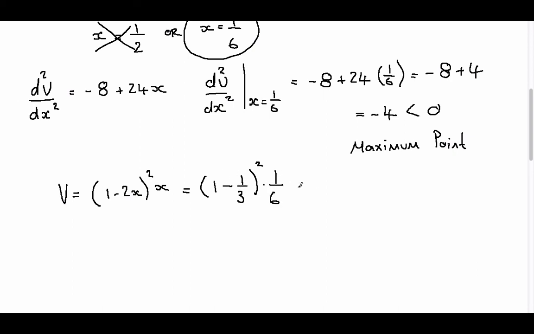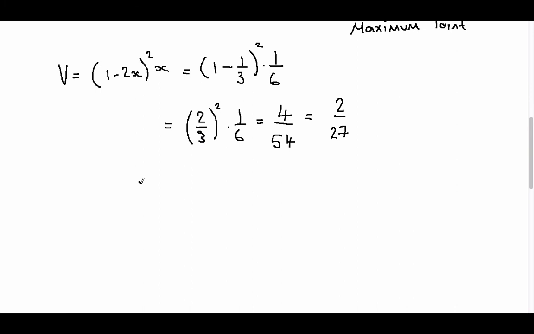So this gives us 2/3 squared times 1/6. So that gives us 4/54, which we can simplify down to 2/27. Therefore, the maximum capacity of our box is 2/27 meters cubed.